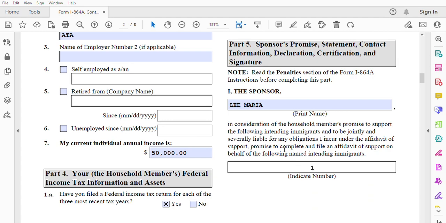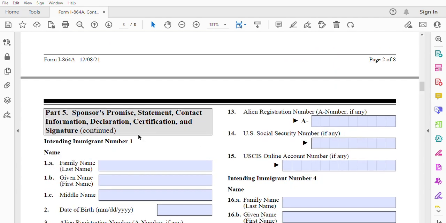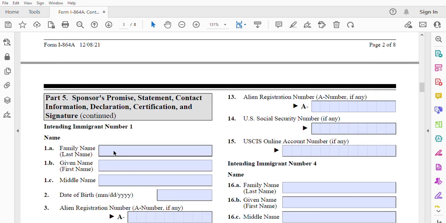I'm gonna show you what that 1 means. You can read it right here. The following named intended immigrant, number 1. We're gonna go to number 1. It's right here, it's gonna show in part 5. Intended immigrant number 1. Family name, it's Bushi, and first name is Ryan.